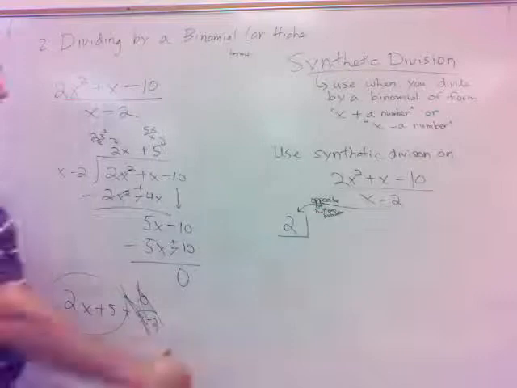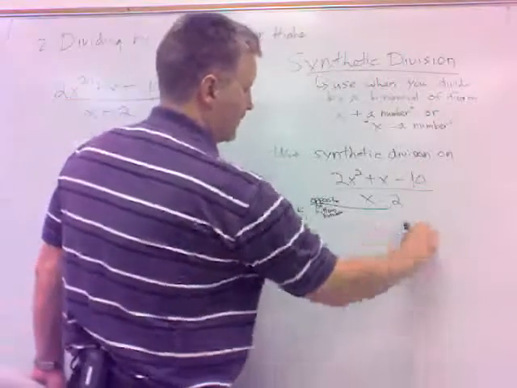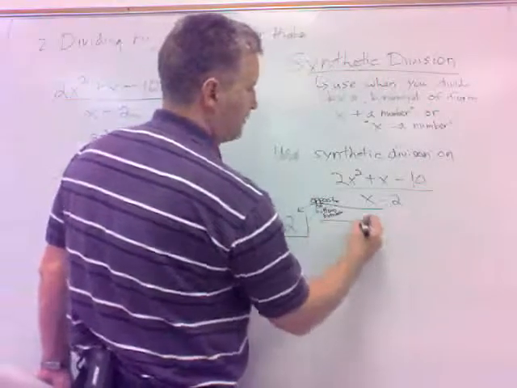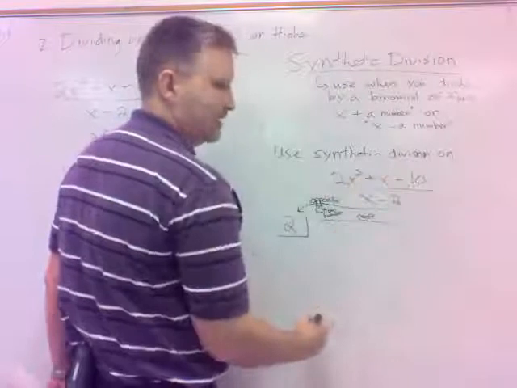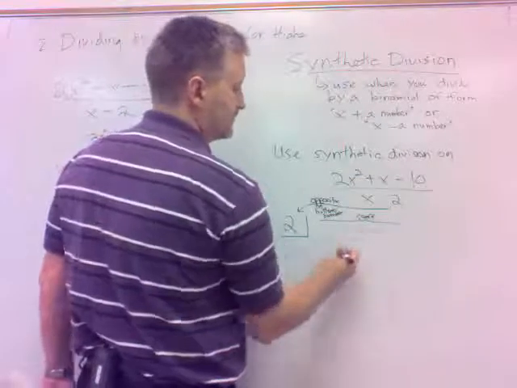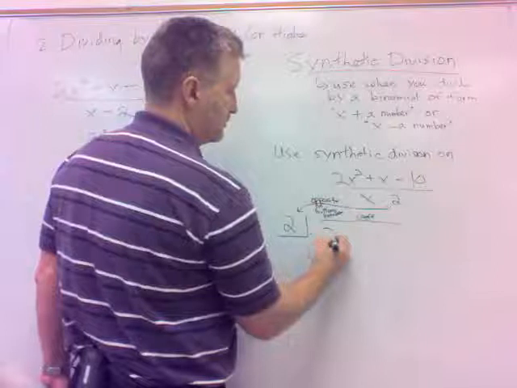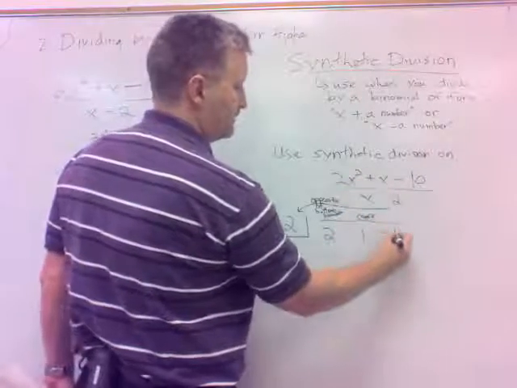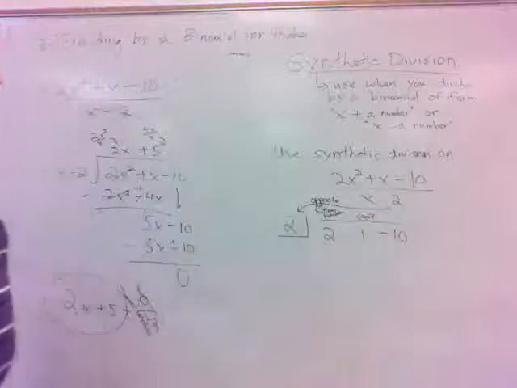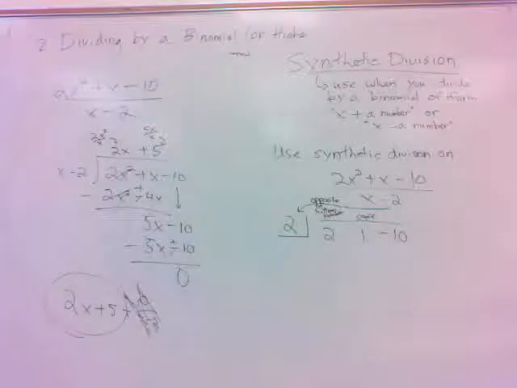All right, now, alongside that, over here, I'm going to put the coefficients of my top line. So I'm going to do 2, no variables, so 2, coefficient 1, and negative 10. So just 3 numbers there. With me okay? No big deal so far. Just writing the numbers, not the variables at all.